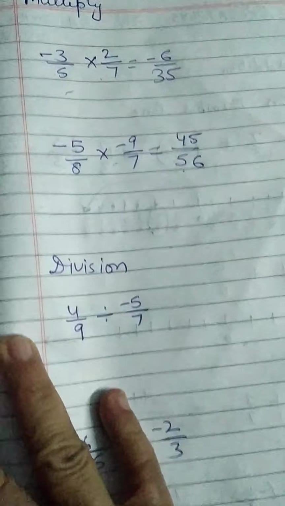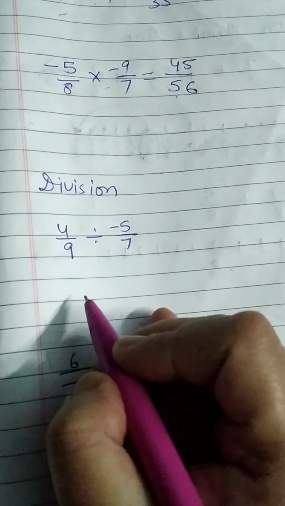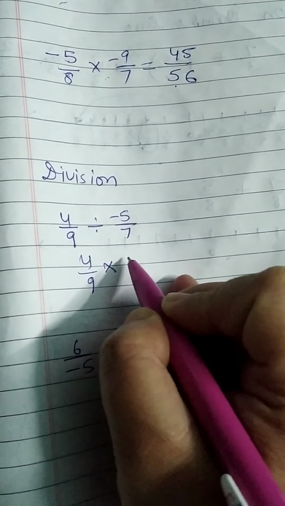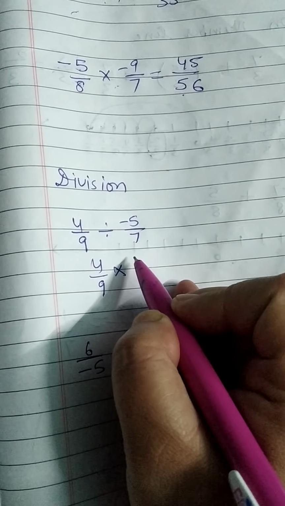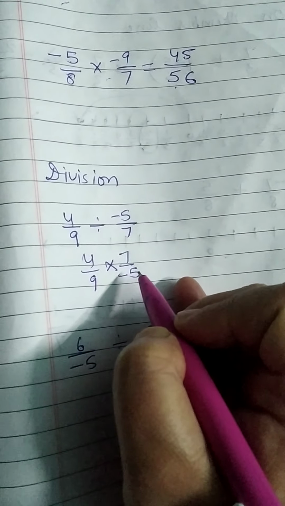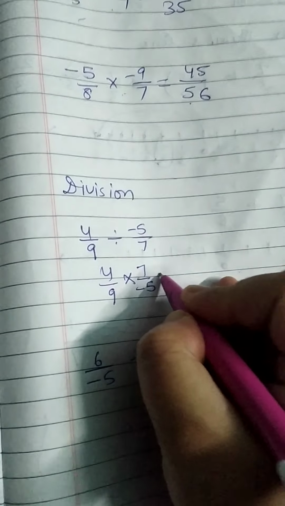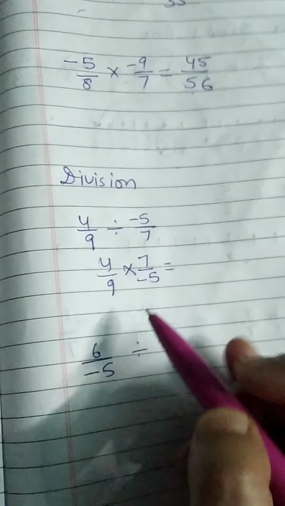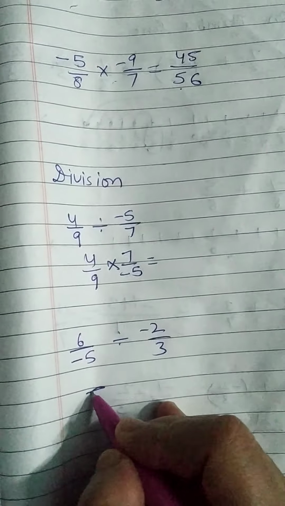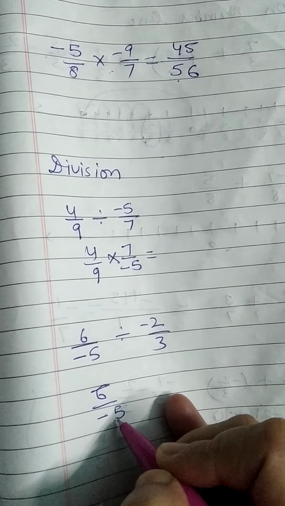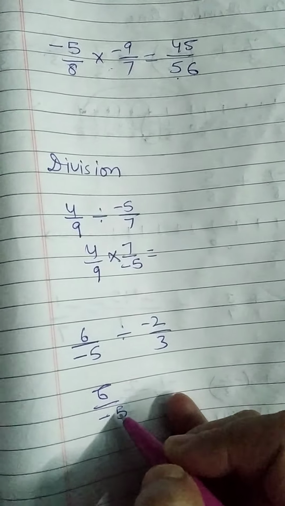Negative negative becomes positive. Then comes division. Again same. Division is also the same. The sign of division is changed into multiply and we take the reciprocal of this. Then again you will solve in the same way as we were doing in multiplication. Here also it doesn't matter whether you have the negative sign in the numerator or in the denominator.